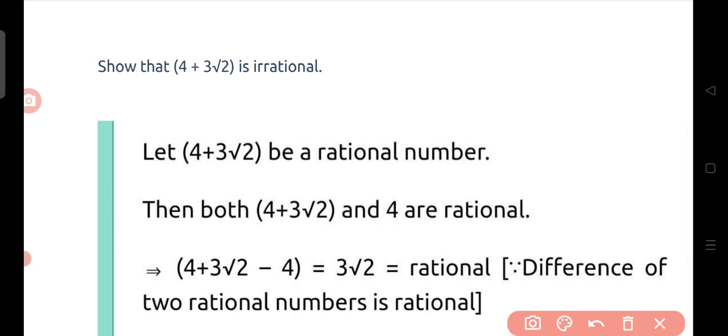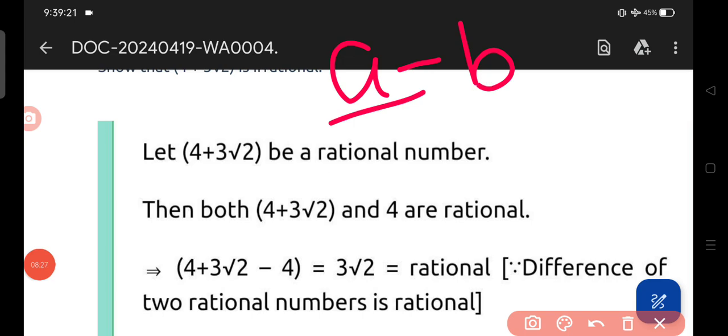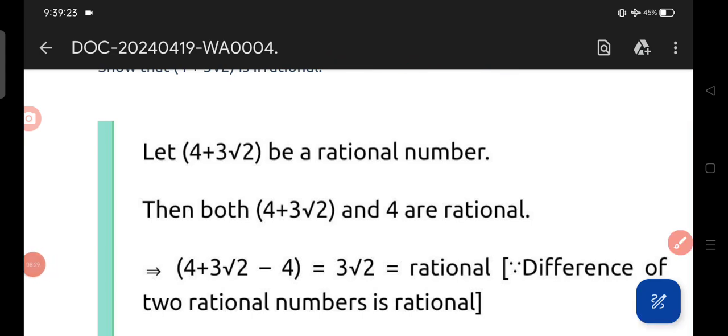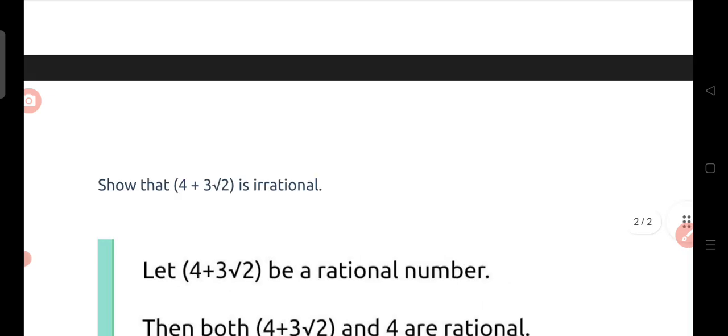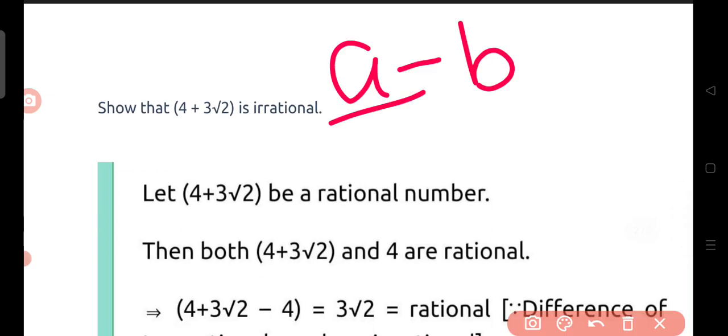Closure property says that if a is a rational number and b is also a rational number, then the result will be c, and this is also a rational number.